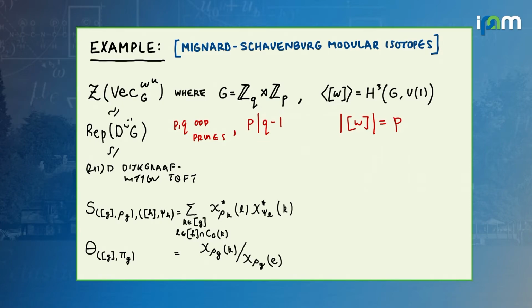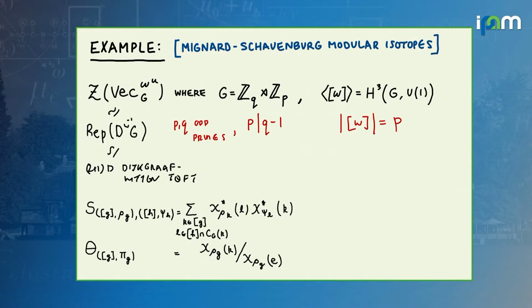So these things have been studied by many, many people for a long time. And they're some of our best understood families of examples of modular categories. And yet, while they're not exotic, they do have this sort of exotic phenomenon that occurs, which is that they realize modular isotopes.